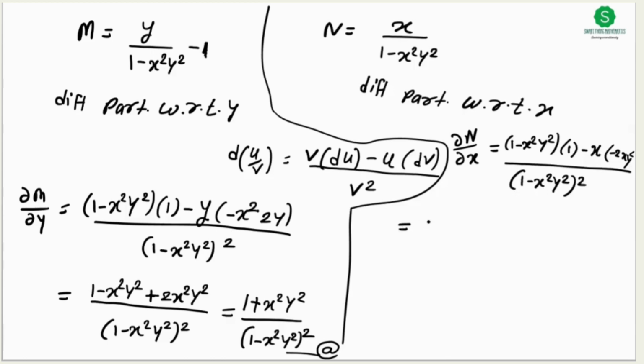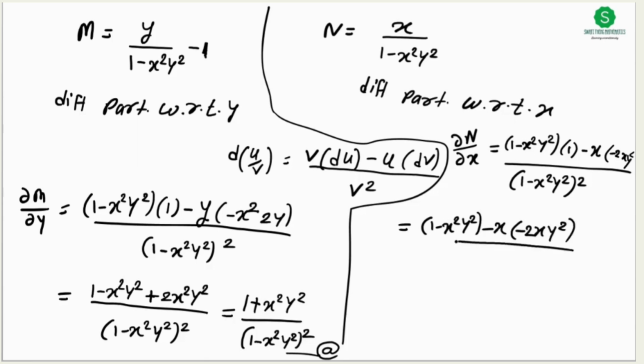So here 1 minus x square y square minus x into minus 2 times x y square divided by 1 minus x square y square whole square.